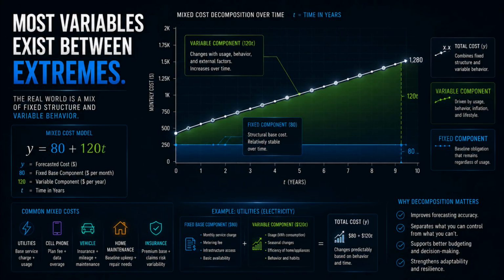A mixed cost structure may look like this: y equals 80 plus 120t. In this simplified example, 80 represents the fixed base component, 120t represents the variable component increasing over time, and t represents time in years.